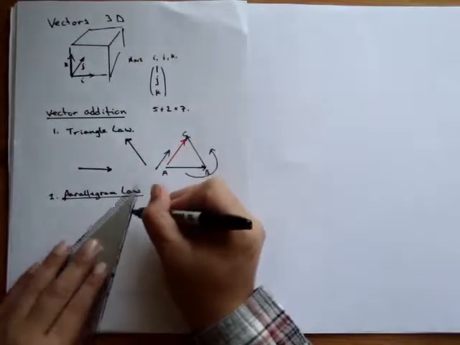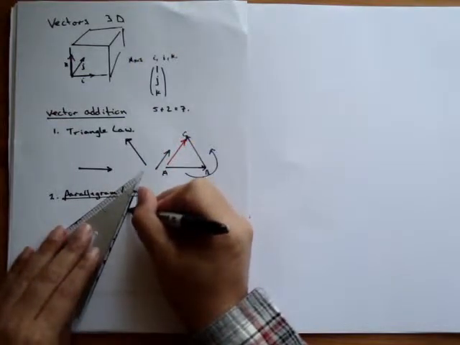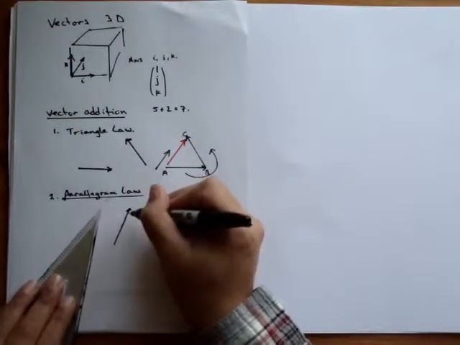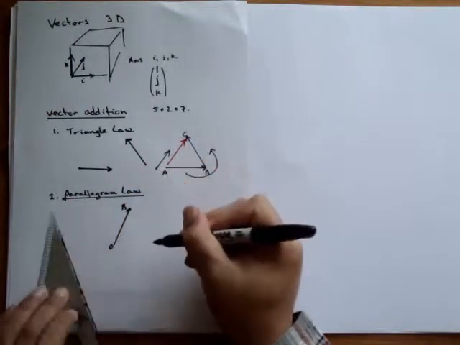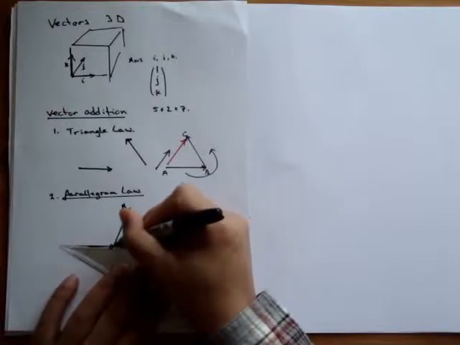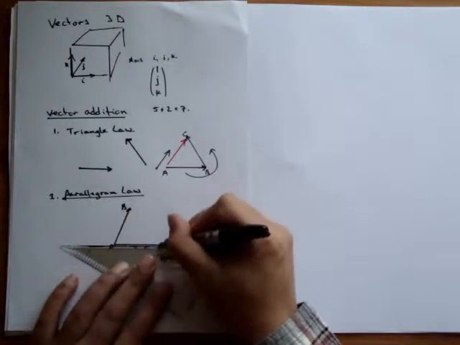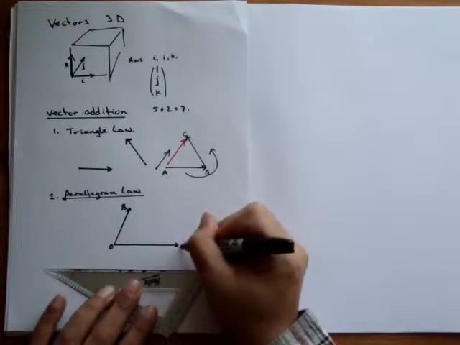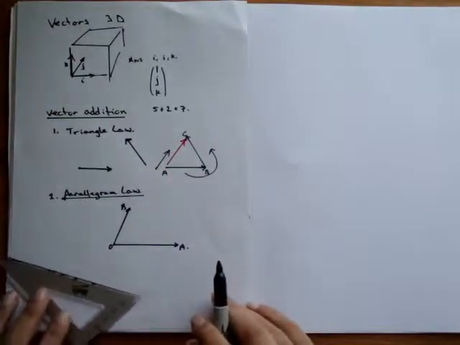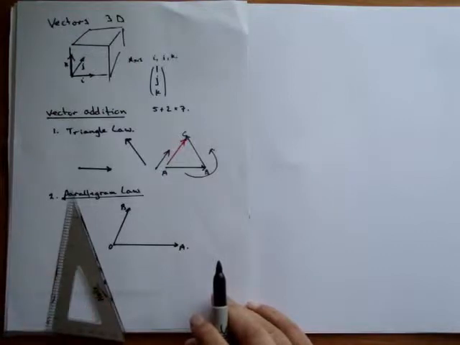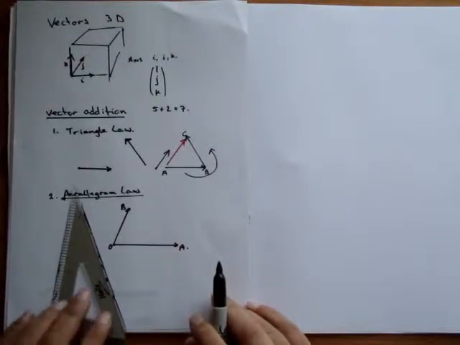So if we have a vector here, OA, and a vector here, OB, then the diagonal of the parallelogram that we draw represents the resultant vector.